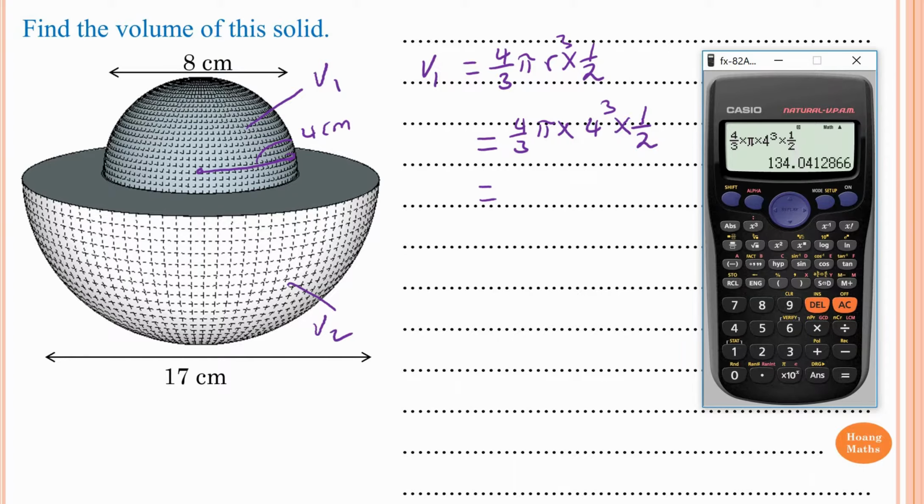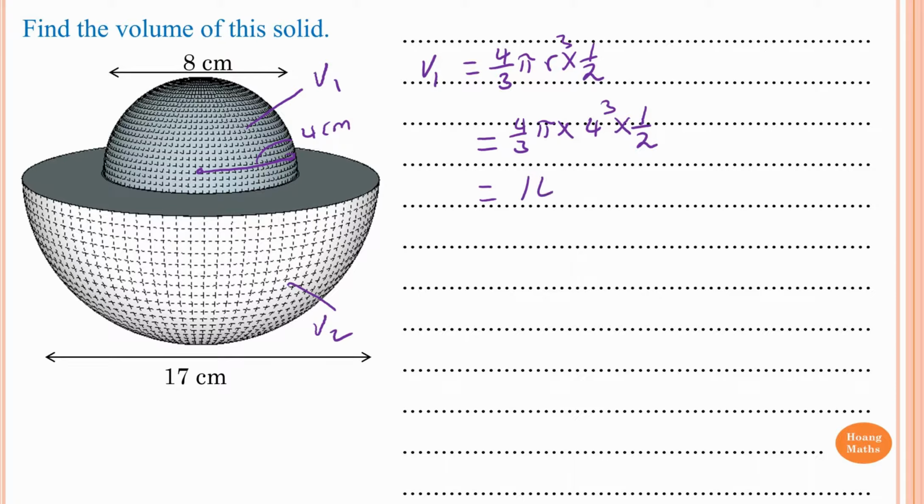So which is this. So I just store it in memory first. So I go answer, shift, store in A. So now I just write out 2 decimal places first. So which is 134.04 cubic centimeters.